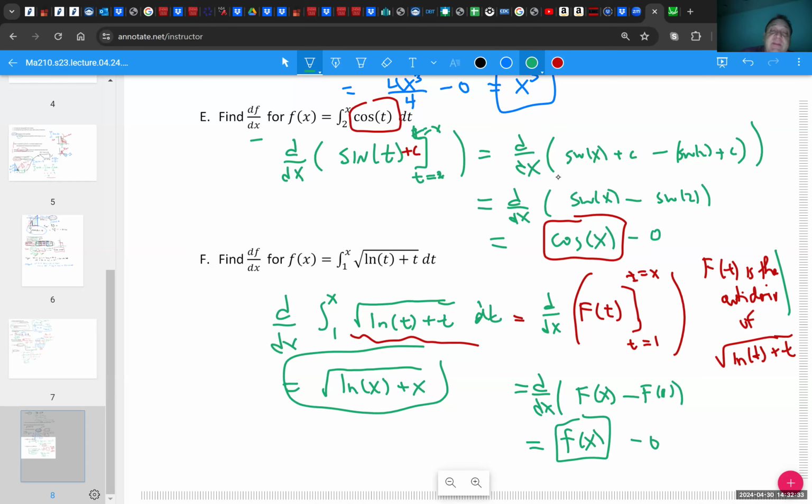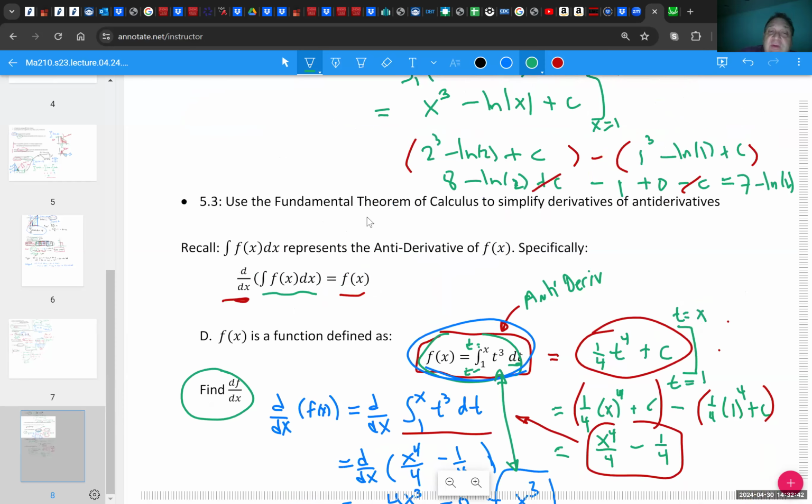All right, so that's the basic idea here of derivatives and antiderivatives, or what the math people will call using the fundamental theorem of calculus to simplify derivatives of antiderivatives. These problems can get a little more complicated because we could do chain rule stuff. I'm not going to go through chain rule stuff today. If you find a chain rule problem, certainly you can give it a go.